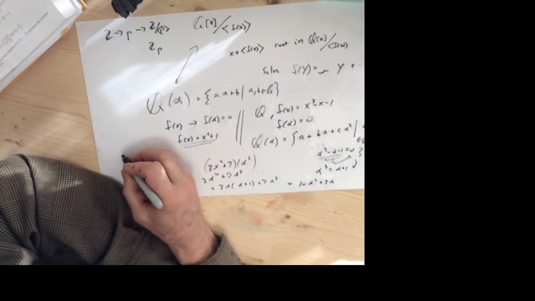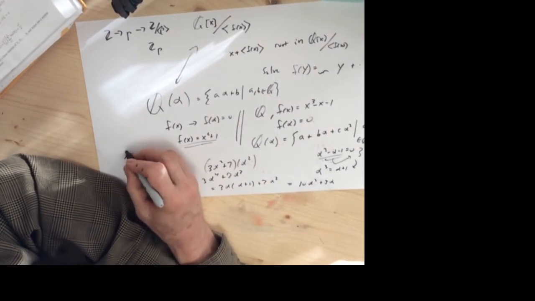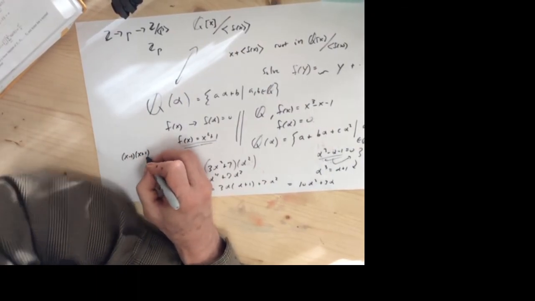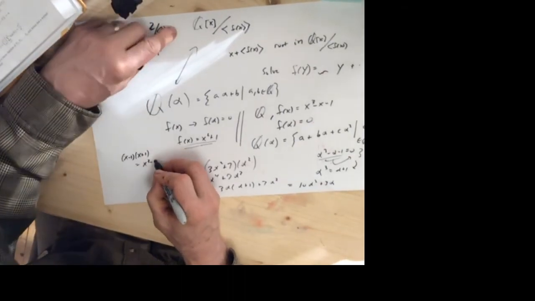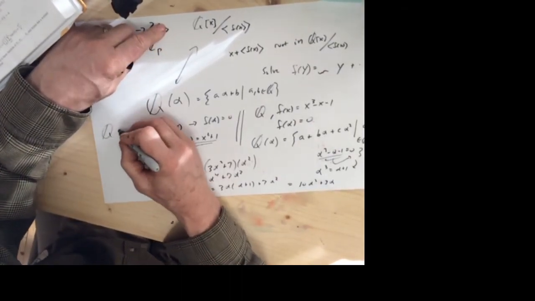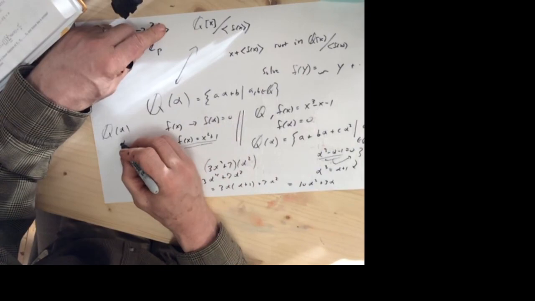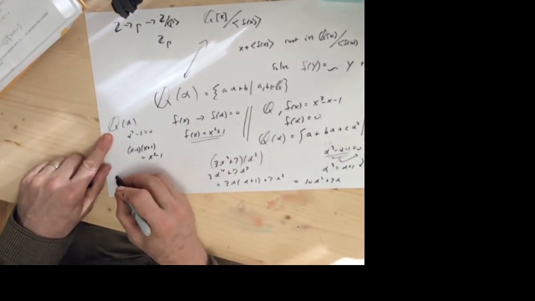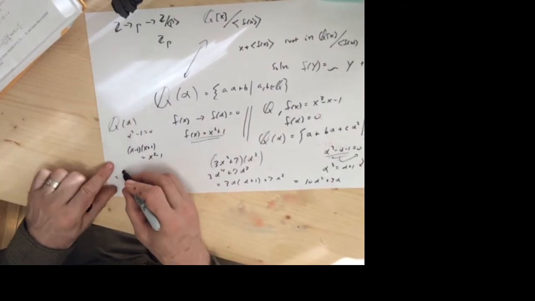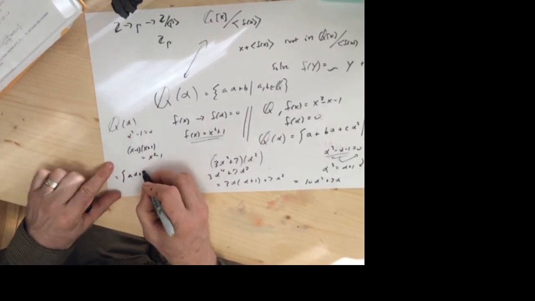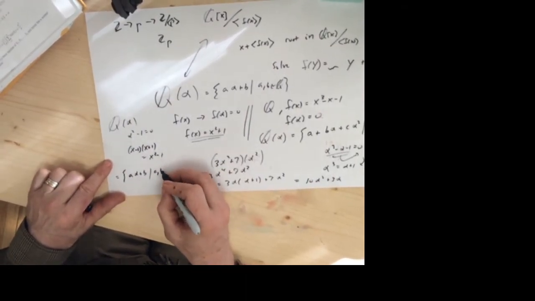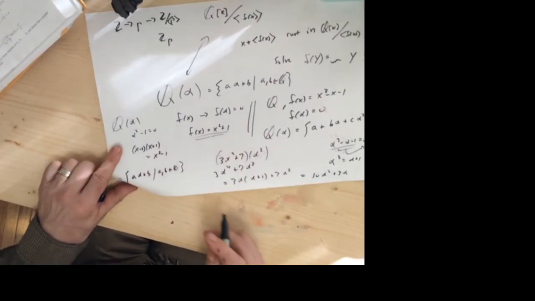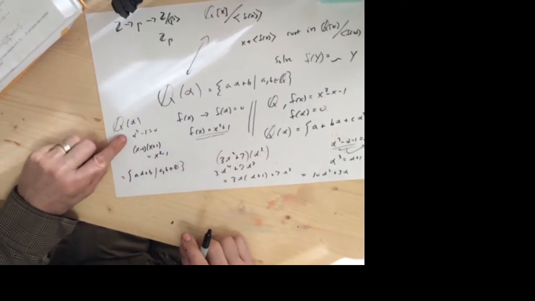Because if you did something like this, x minus 1 times x plus 1, which is x squared minus 1, and you said I have Q adjoin alpha, where alpha squared minus 1 equals 0, then the weird thing is this set here, a alpha plus b, with a and b in Q, is not a nice set.